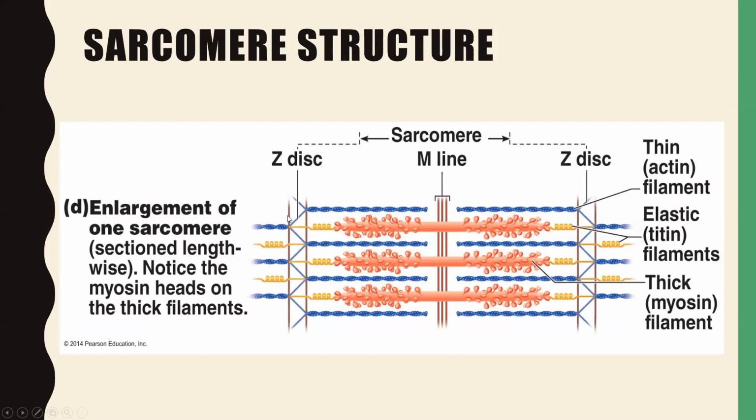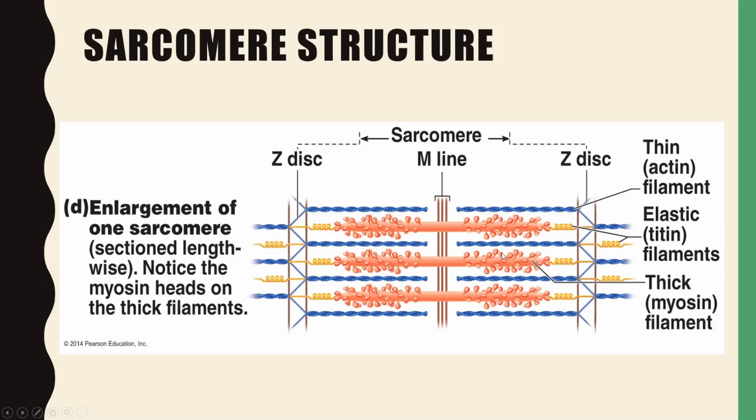So here again is one sarcomere. I have my Z disc, my zigzaggy line, and attached to it I have a thin filament. This blue thing, made up of two strands of little circles stuck together, is called a thin filament. The red found in the center is the thick filament.